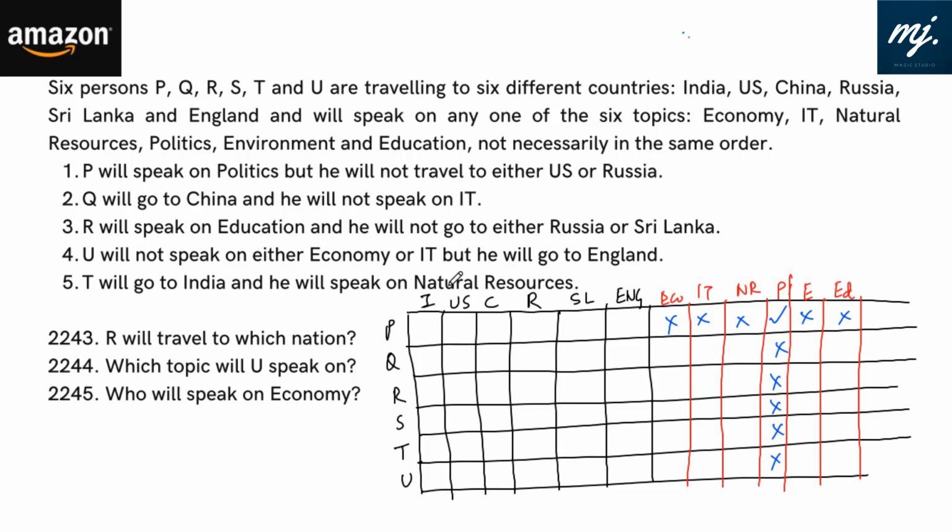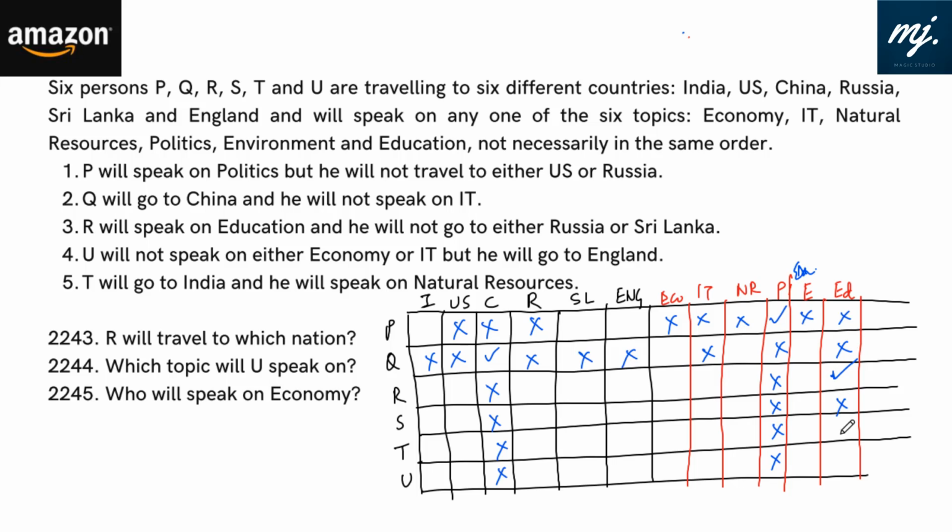But he will not travel to US or Russia. Not to Russia, not to US. Q will go to China. Q going to China, but now he's saying that he will never go to China. Whatever. And he will not speak on IT. Cross. R will speak on education. R is education and another is environment.